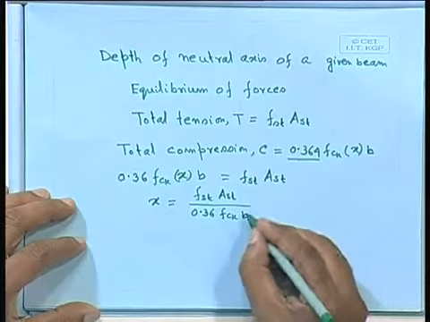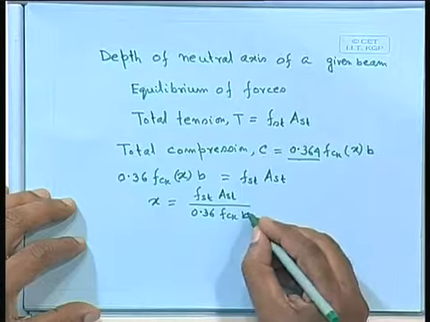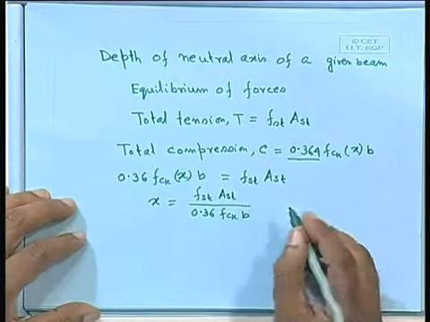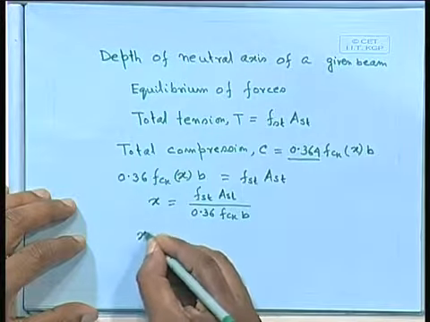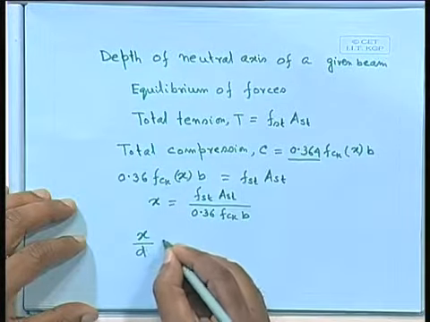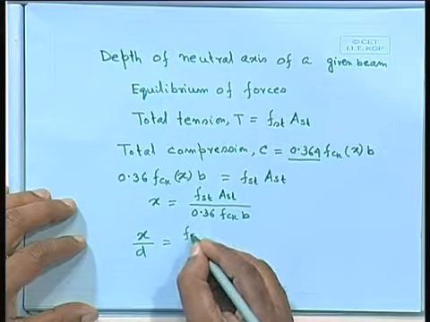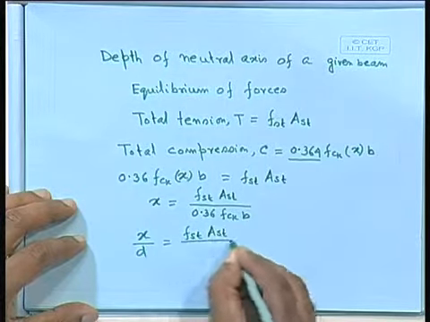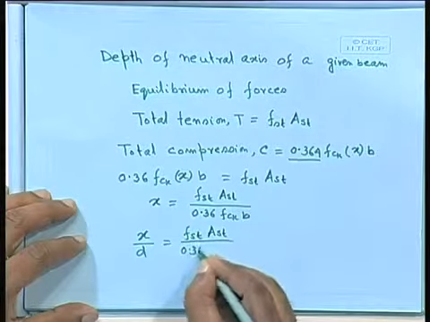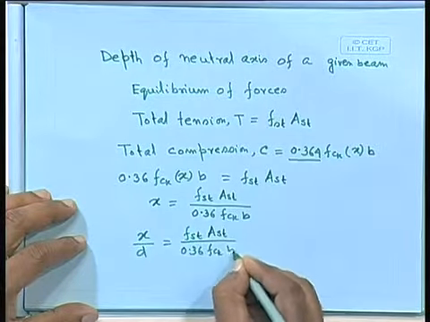We can also write it the other way, as x by d equal to fst Ast over 0.36 fck b d.